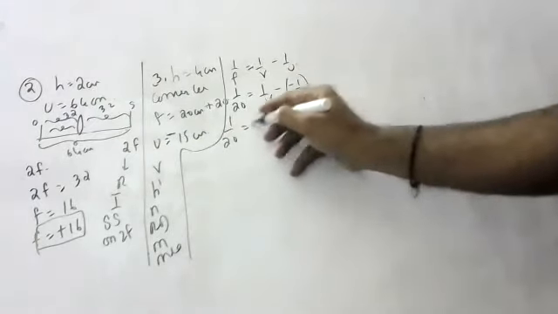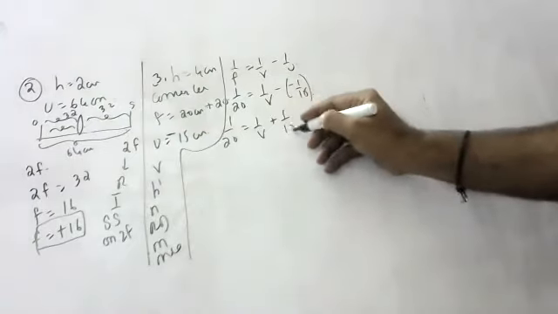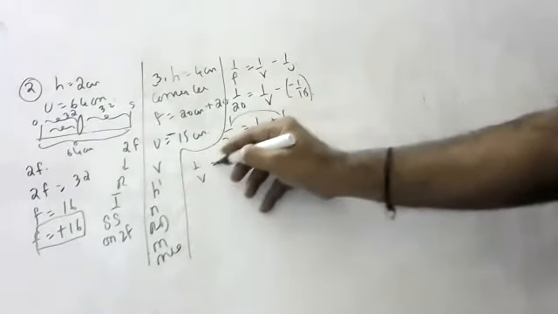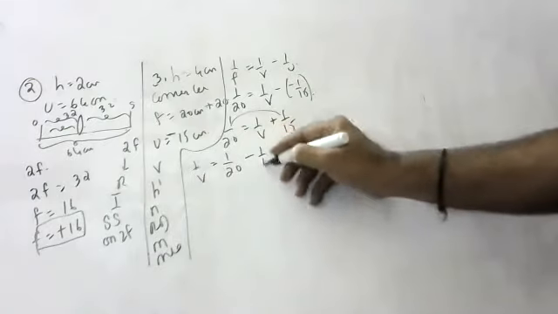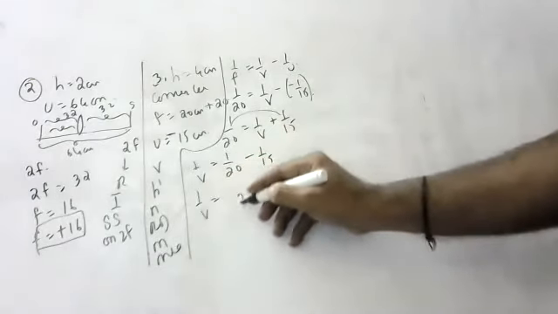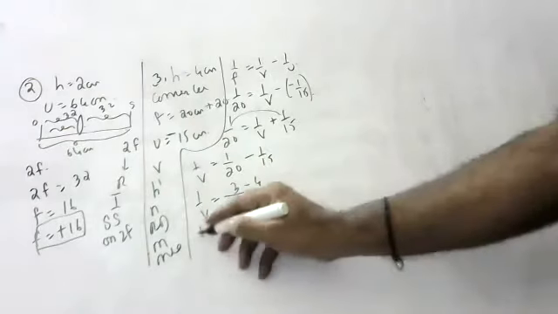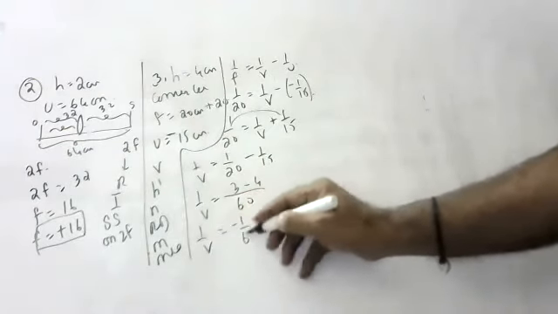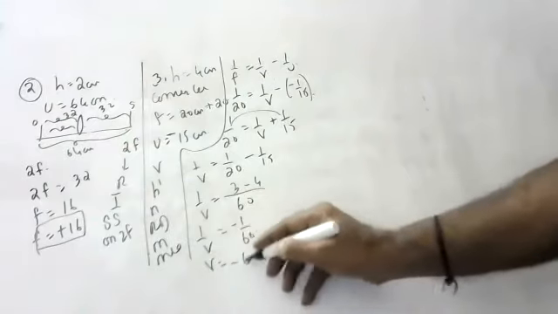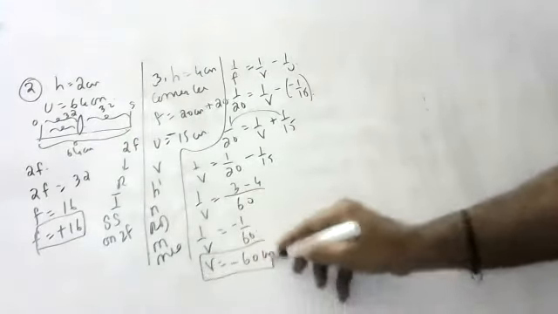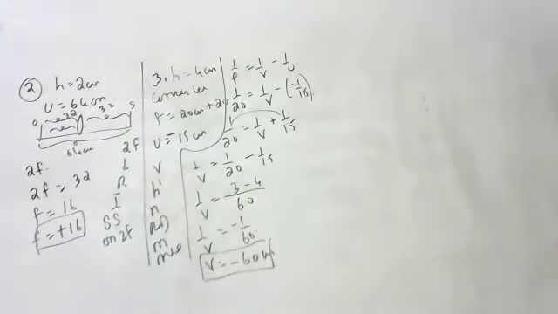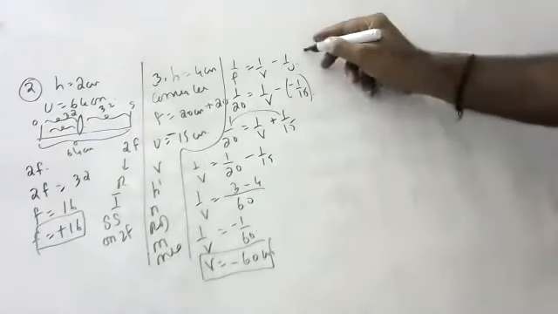So 1 by 20 is equal to 1 by v plus 1 by 15. 1 by v is equal to 1 by 20 minus 1 by 15. 60 is the LCM, so 1 by v is equal to minus 1 by 60. So v is equal to minus 60 centimeters.